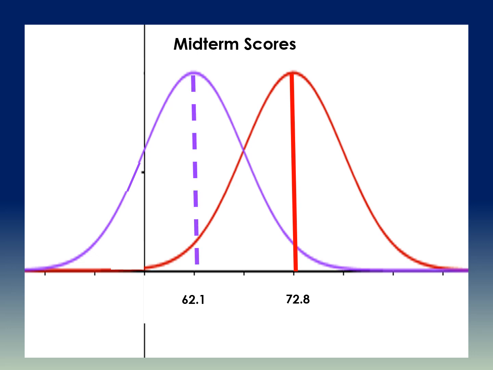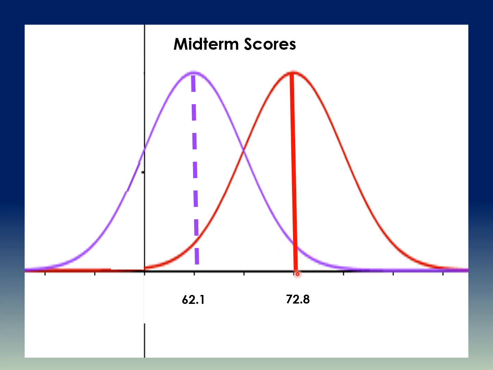The initial mean of the score was 62.1, and the second midterm score was 72.8. Now we know that there's a certain probability of scores that are going to fall if we use the normal curve. And the question now comes down to this, and this is where I'm going with z-scores in the next presentation, is this: how far apart do these two scores have to be before we say, you know what?